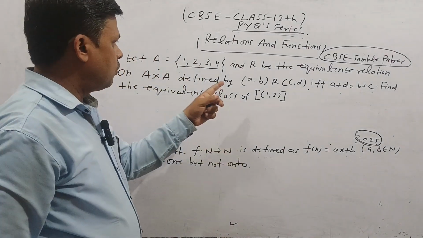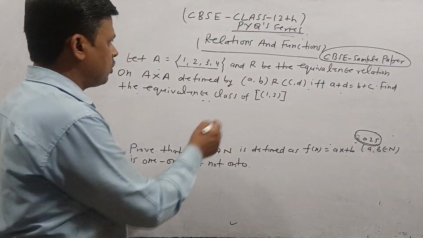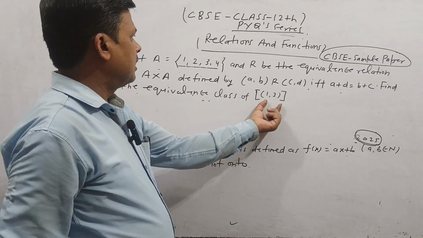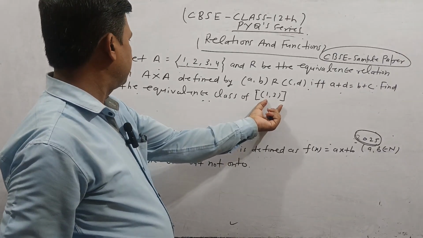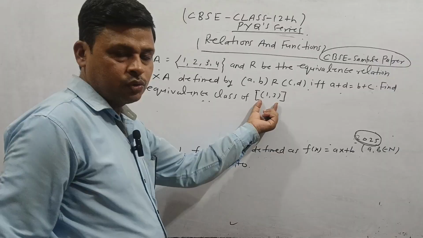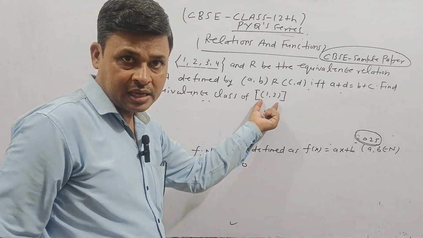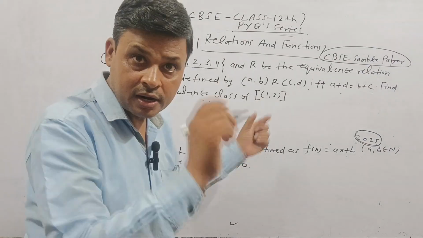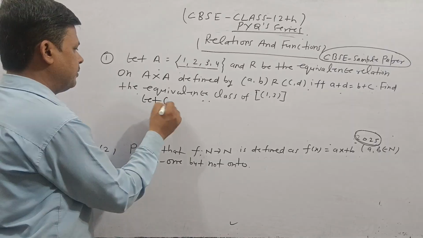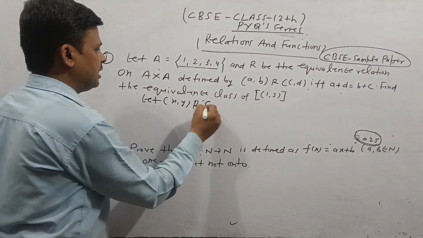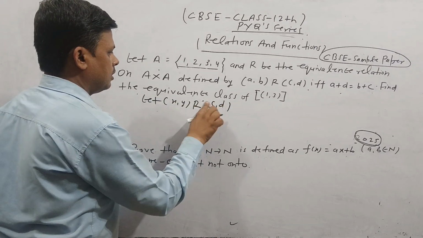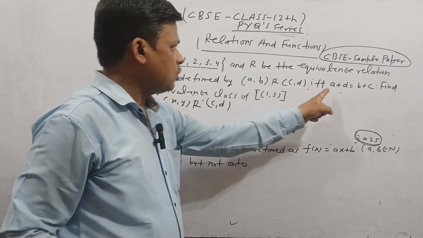So what we have to do: for determining the equivalence class related to this ordered pair (1, 3), we will consider a general ordered pair. So let (x, y) be related to (c, d). And what is the punchline of the relation?